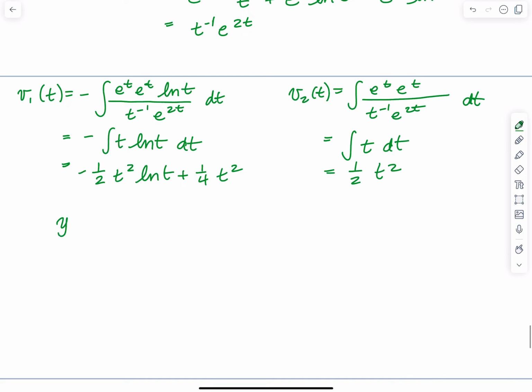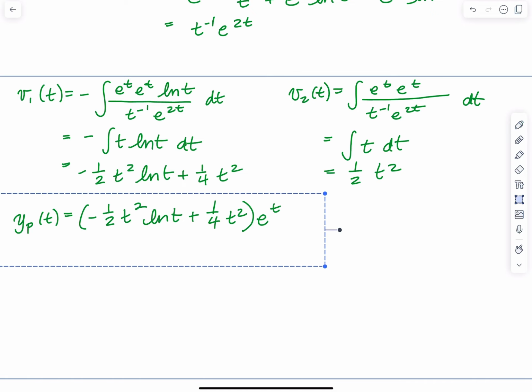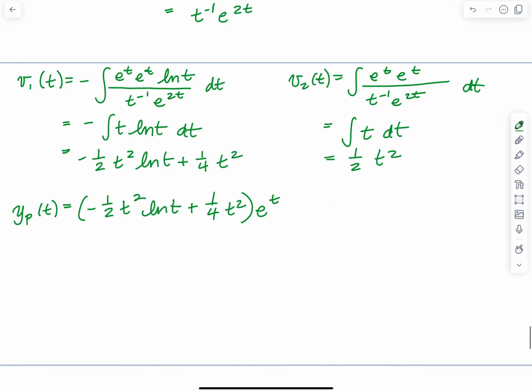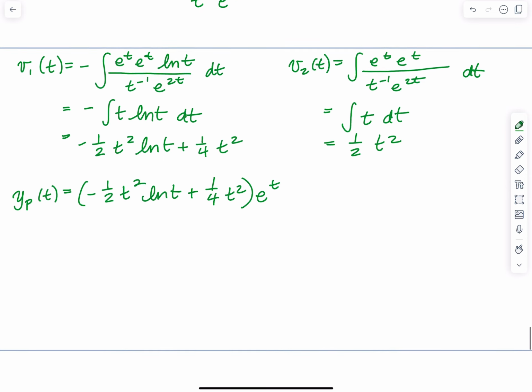So now we can write our particular solution as negative 1/2 t squared ln of t plus 1/4 t squared, all multiplied by e to the t. That's our v1 multiplied by y1, plus, and here we go with our v2, 1/2 t squared multiplied by y2.